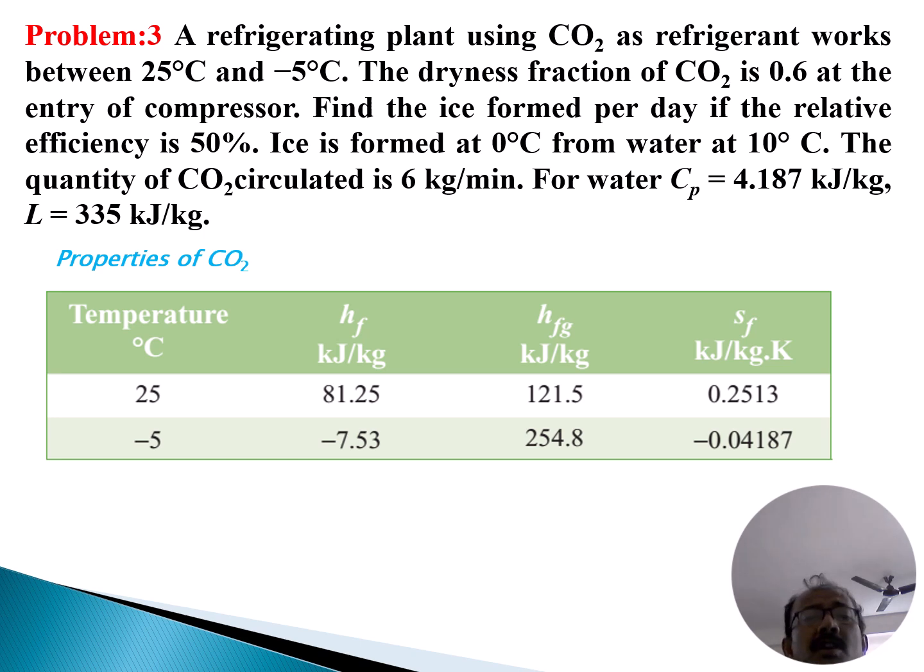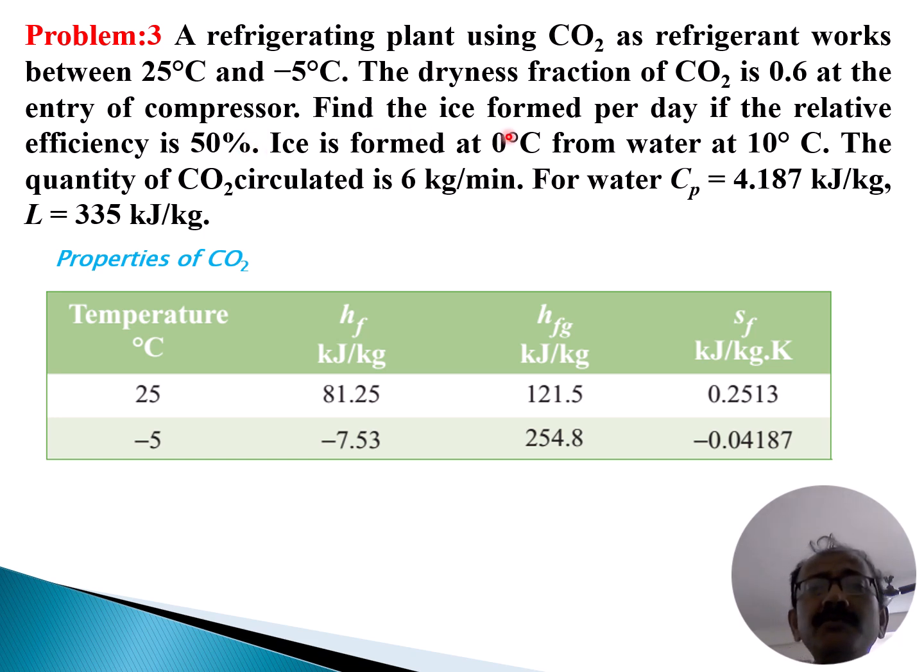Now problem 3, we will discuss this problem. A refrigerating plant using carbon dioxide as refrigerant works between 25 degree centigrade and minus 5 degree centigrade. The dryness fraction of carbon dioxide at entry of the compressor is 0.6, that means 60%.